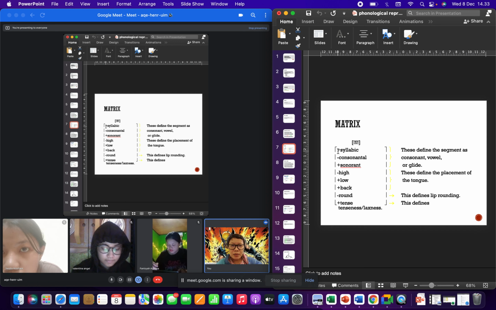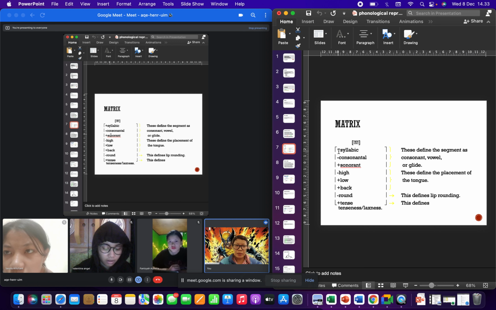If it is plus syllabic, it means that the sound has a syllable. And if it is minus consonantal, it means that there is no consonant in the syllable. If it is sonorant, it means that the sound will be produced as a sonorant sound. And if it is minus high or plus low, it relates to our tongue.